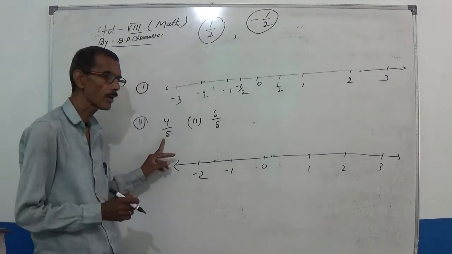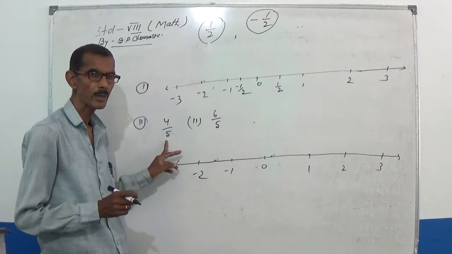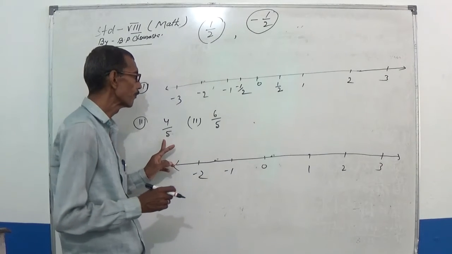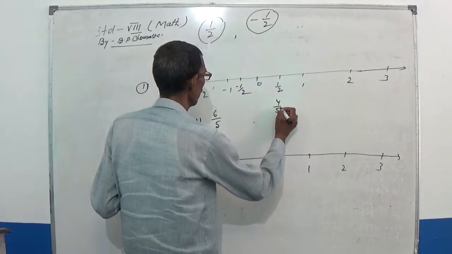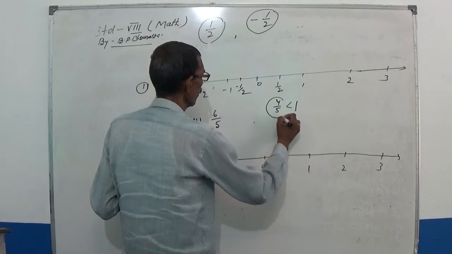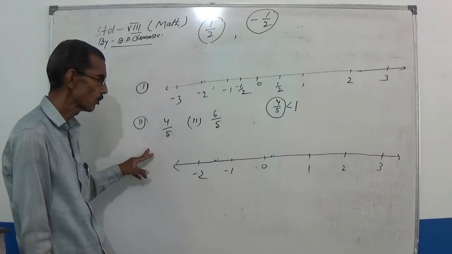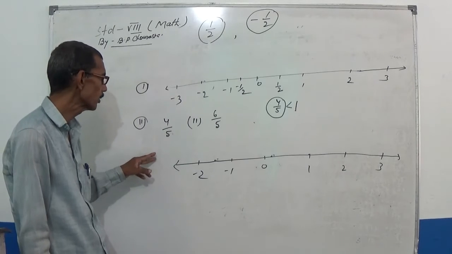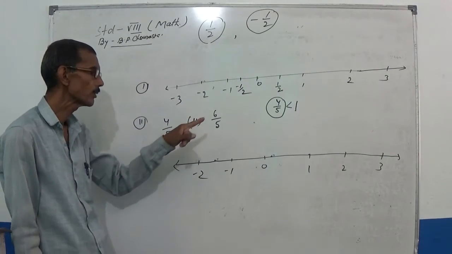Any rational number whose numerator is less than denominator is less than 1. So here 4 by 5 is less than 1. So 4 by 5 lies between 0 and 1, because the value of 4 by 5 is less than 1.